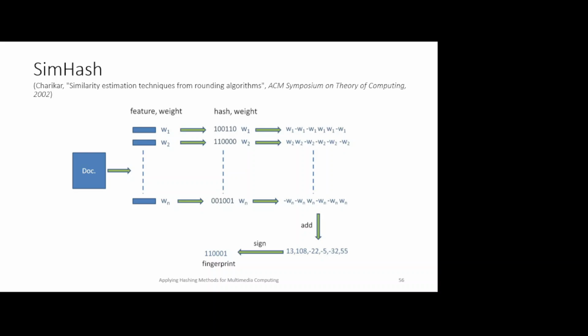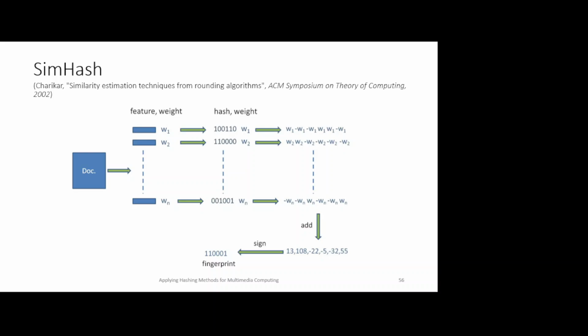Okay, we just follow this step. So for 1, 0, 0, 1, 1, 0, we can produce W1, negative W1, negative W1, W1, W1, and negative W1. Okay, we just follow the same process.